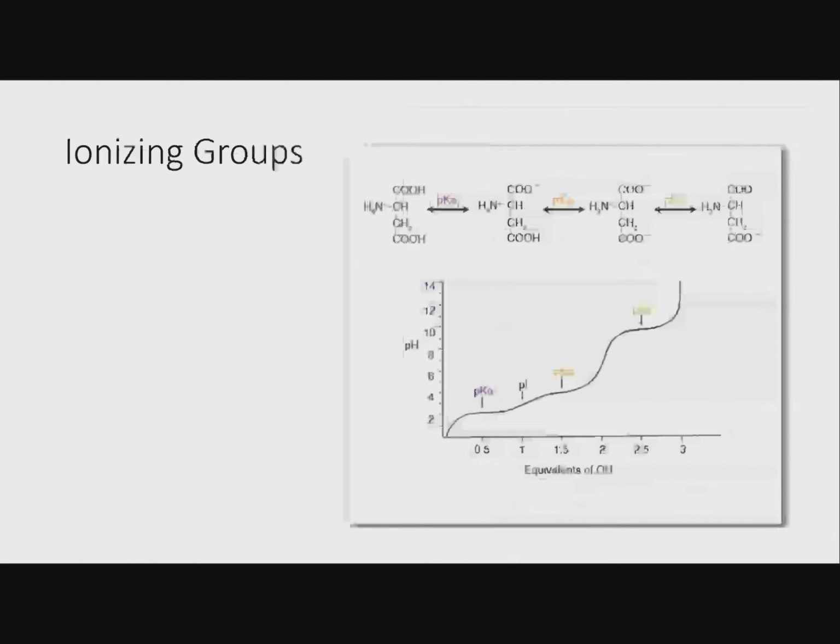Now we looked at one of these earlier in the last chapter on acids, bases, and buffers, but here you can see that the amino acid groups are changing. The first group that changes is our alpha carboxyl, which will ionize. Then the next thing that happens is our R group's carboxyl ionizes, and then our alpha amino group loses its charge.